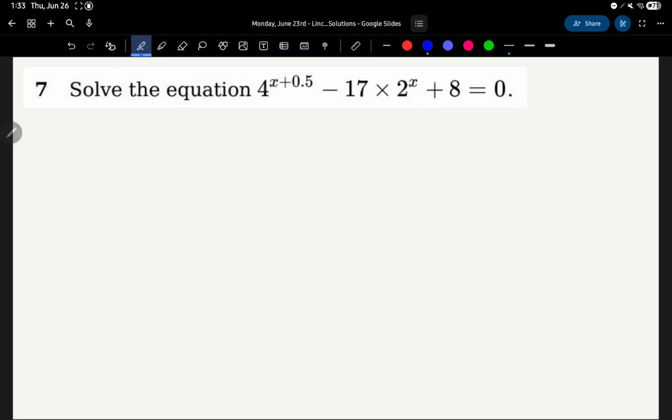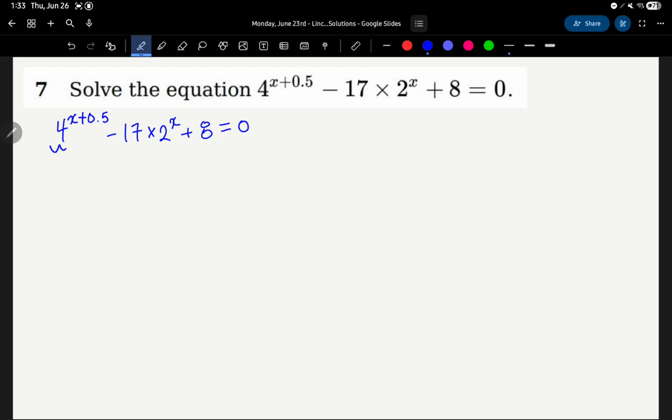Because why? This is an exponential equation, and we need that in order to change it into a quadratic equation. So I see 4 to the power of x plus 0.5, and I have minus 17 times 2 to the power of x plus 8 is equal to 0.